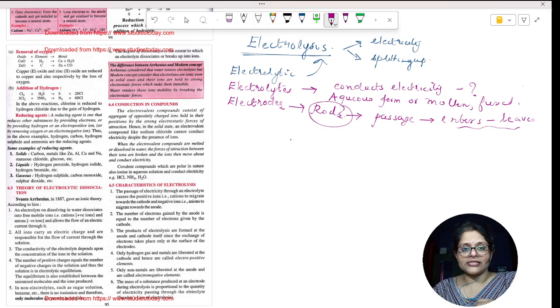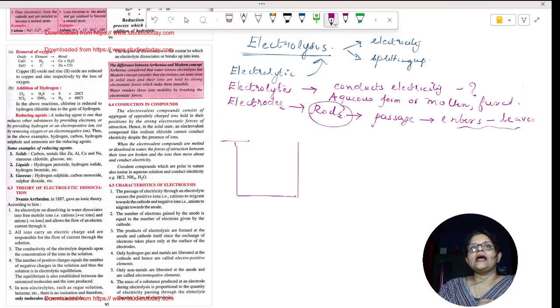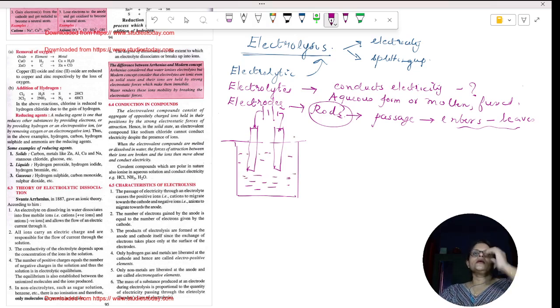And in an electrolytic cell, there is a beaker or a big vessel, and two rods are immersed inside it. Both the rods are connected to the battery, and these rods are immersed inside the electrolyte.